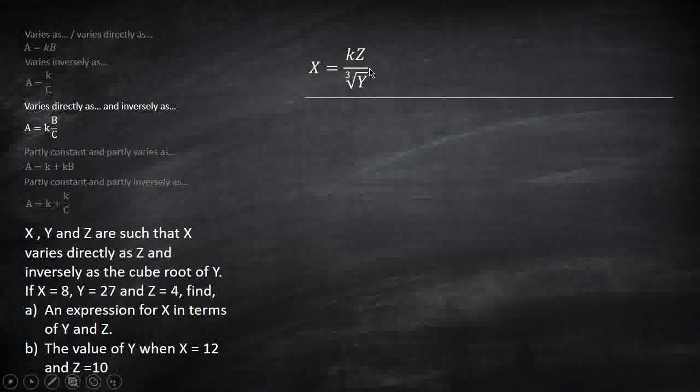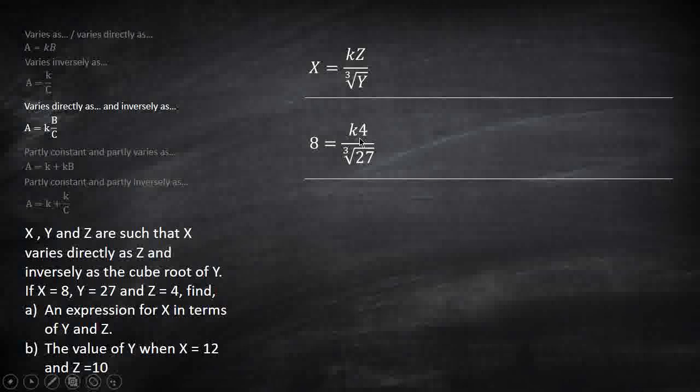You have to find k. Basically show your constant at the very beginning of the question. Now x is 8, z is 4, and y is 27.